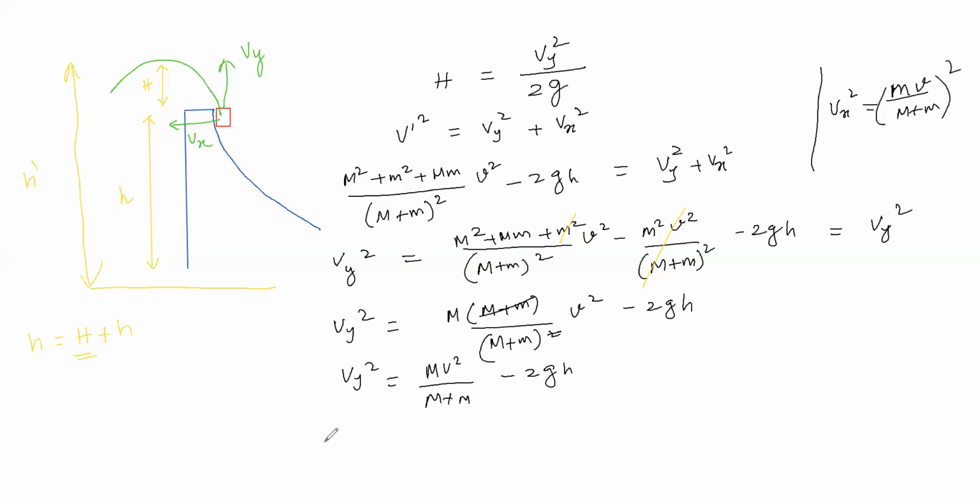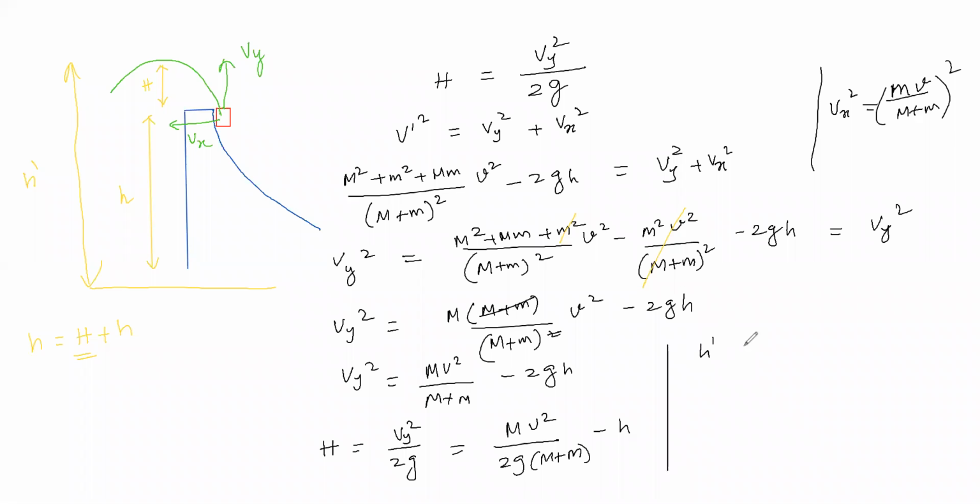And we know that the maximum height formula is y component velocity square divided by 2g. So we are getting the answer as mv square divided by 2g into (M plus m) minus h. And we want to find the maximum height from the ground, which we have taken as h dash.